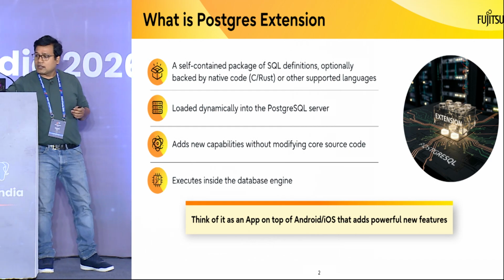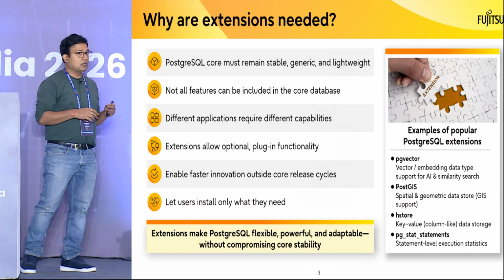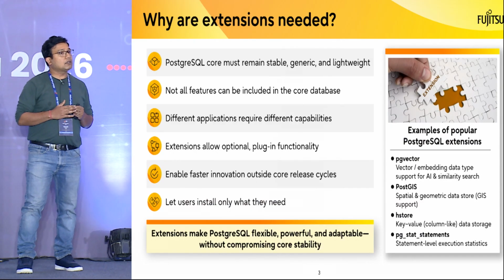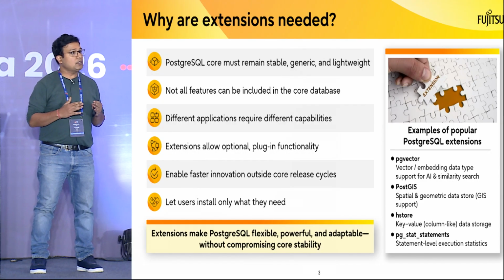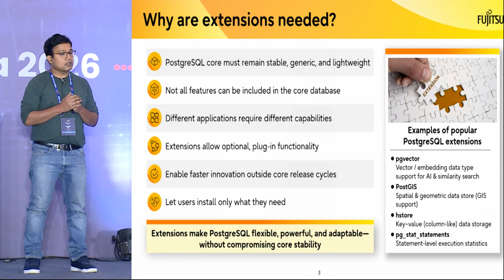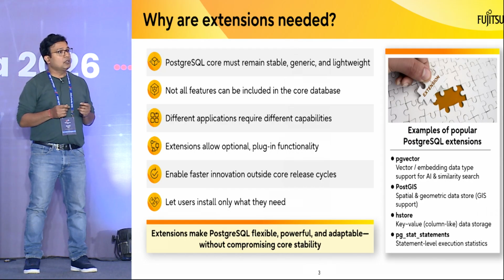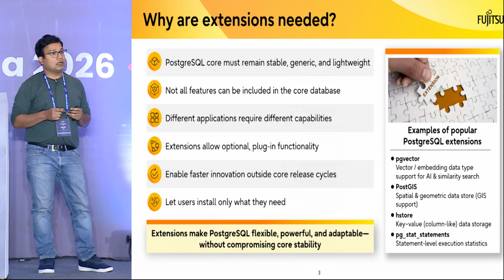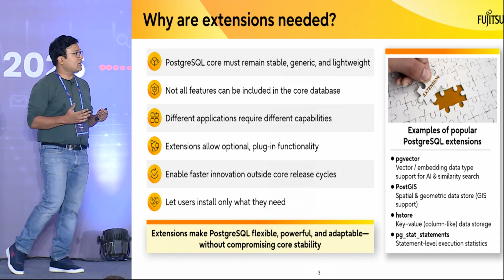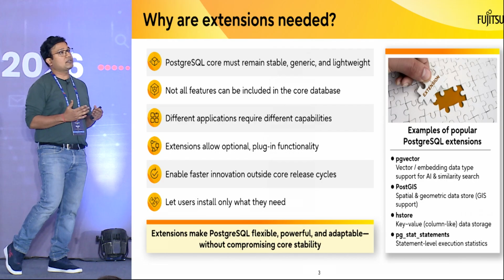So let's understand why we need extensions. The basic principle of Postgres is that the core should remain stable, generic, and lightweight, and it should be reliable for each and every user, whether it's a simple application, a bank doing billions of transactions, or a system storing terabytes of data for image processing.